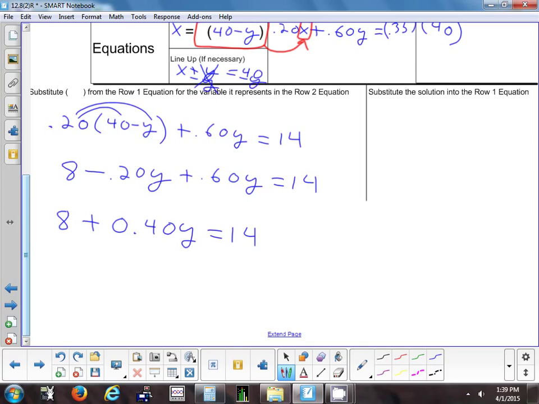Go ahead, Kayla, you can tell me. Subtract the 8 from each side. Subtract 8. And how about Eli? When I do 14 minus 8, what does that give me? 6.